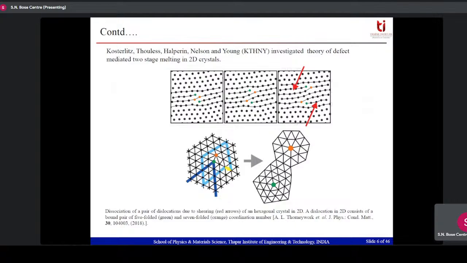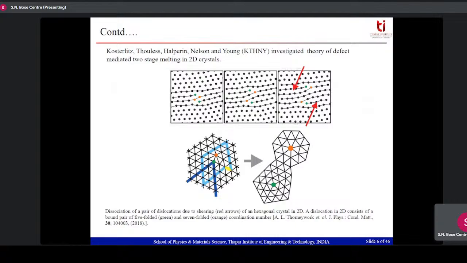Here perfect hexagonal order is there, so each particle will have 6 neighbors. But if the system is at a finite temperature, then that perfect hexagonal order is destroyed, and the particles sometimes can have 5 or 7 nearest neighbors. So at very low temperature, these 5 and 7 come in pairs. And not only do they come in pairs, but rather they come in 2 pairs of 5 and 7 together.